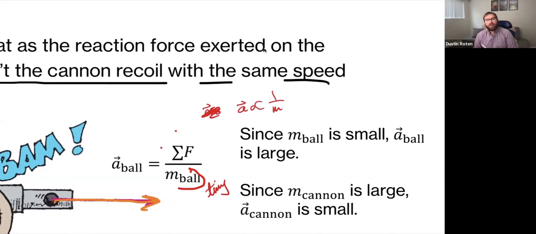There we go. We know that acceleration is inversely proportional to mass, right? So if the mass is tiny, if one's tiny, that means acceleration has to be big.